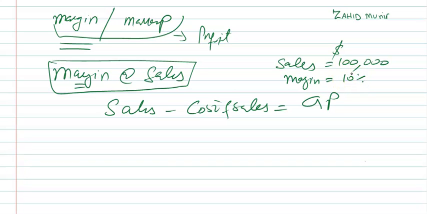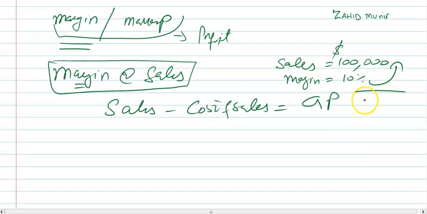Okay, so it's simple. They have provided you sales, so margin is always on sales. You will calculate 10% of 100,000, and this will be the answer. Okay, this is fine. You have calculated the gross profit.